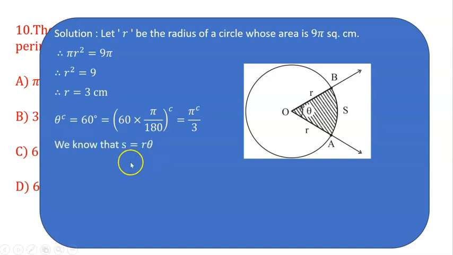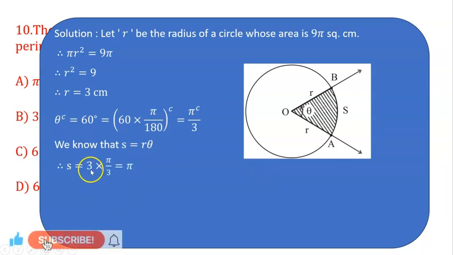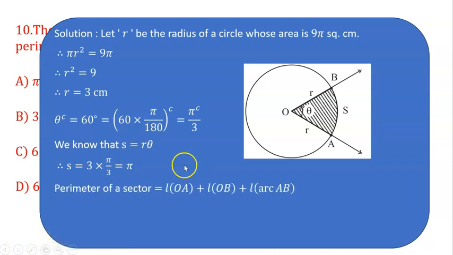We know that S is equal to r theta. Substitute the value. S is equal to 3 into pi by 3. 3 gets cancelled, and you will get S is equal to pi. It means that is the length of the arc. Now the perimeter of the sector means what? The sum of all these sides.